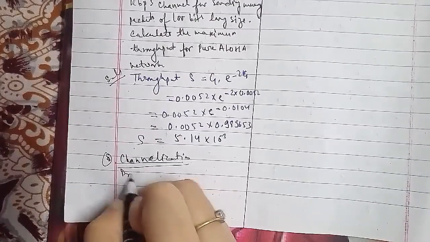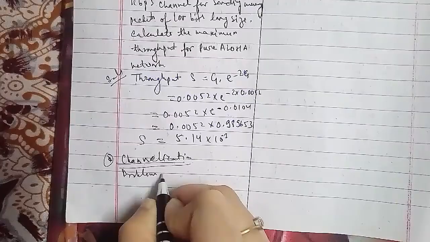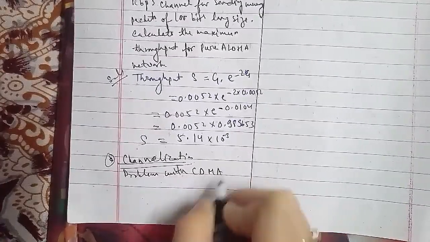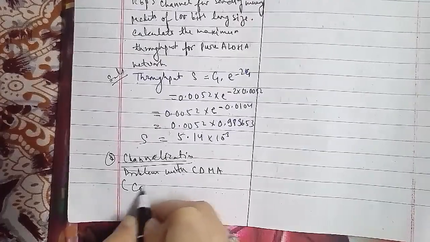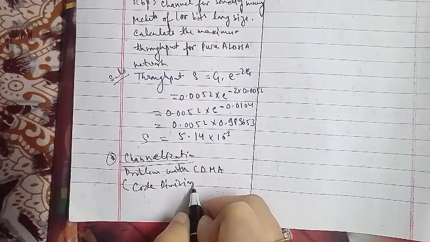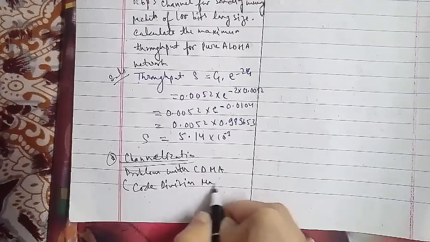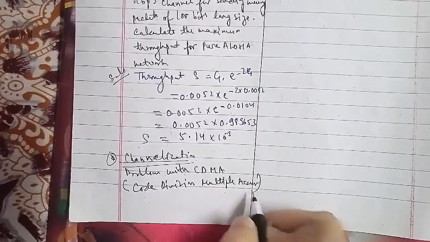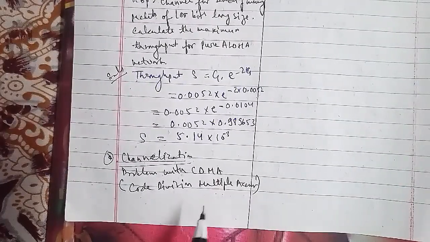Now we'll discuss the standard Ethernet. In the standard Ethernet, we have to discuss Manchester and differential Manchester encoding.